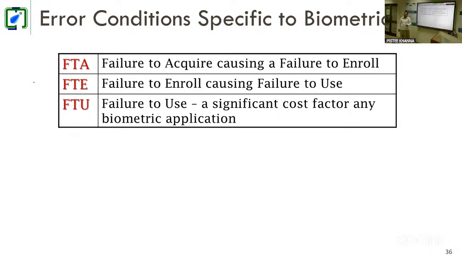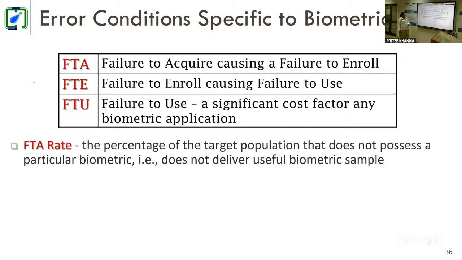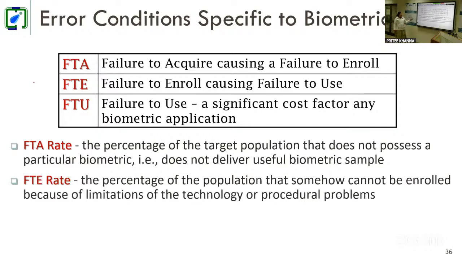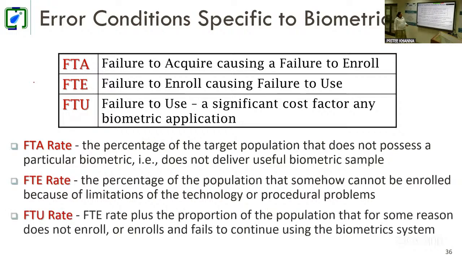So here you can see the FTA rate, the percentage of the target population that doesn't possess that quantity. So how can they use it? So similarly, what is the rate for those enrolled but, due to any reason, someone is not able to use it?